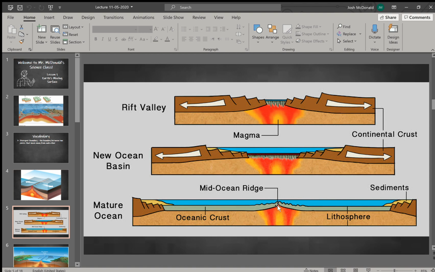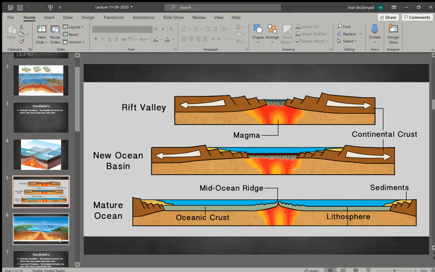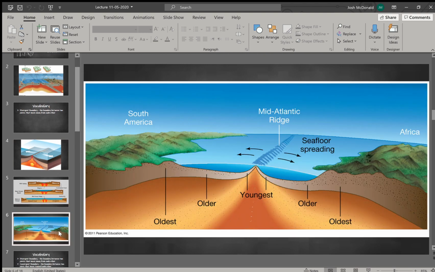One of the pieces of evidence we have for this, and this is called seafloor spreading, by the way, is that when they examine the age of the crust around the ridge, the mid-ocean ridge that's formed, the crust nearest the ridge is the youngest.